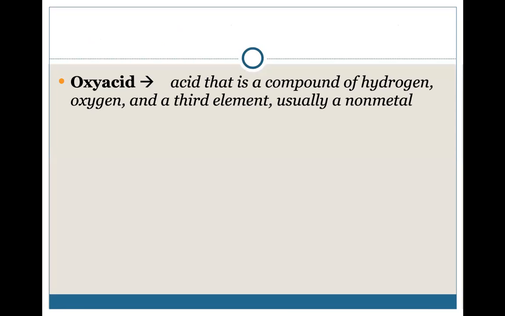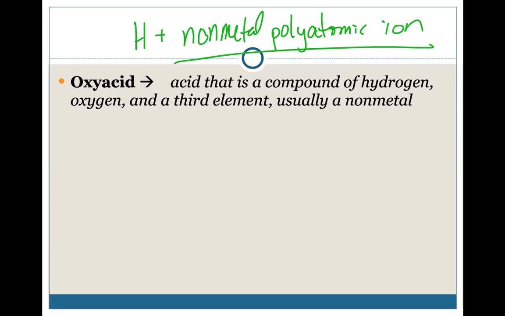The majority of the acids that you know of are called the oxyacids. These are hydrogen, oxygen, and a third element, usually a non-metal. I like to describe these, even though they're not formed this way, as hydrogen plus a non-metal polyatomic ion. I find for myself, it's easier to remember them this way, even though, again, like I said, they're not formed this way, but it's easy to name it this way. So for example, nitric acid is HNO3.